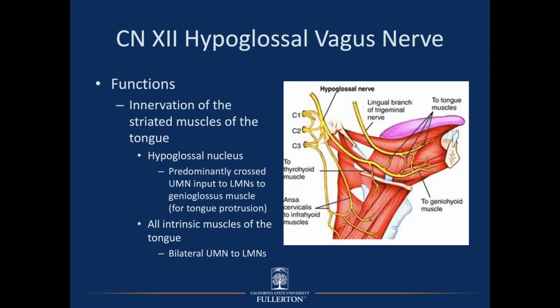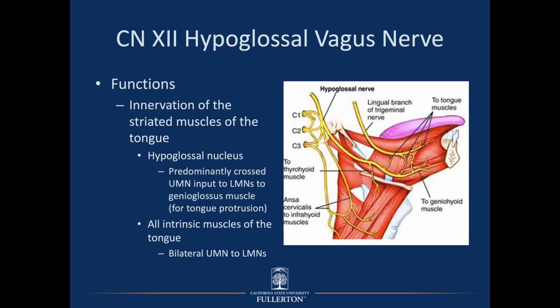It goes everywhere. Then intermixed, you have the transverse and the vertical and the horizontal and all those intrinsic muscles which help to shape the tongue. Those are all innervated bilaterally, but the genioglossus, which is a big muscle, is predominantly contralaterally innervated in terms of upper motor neuron input.